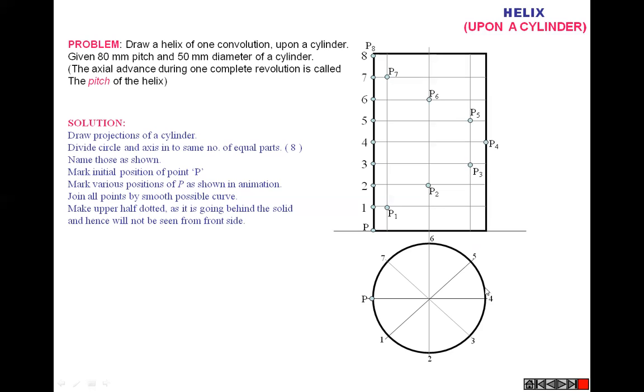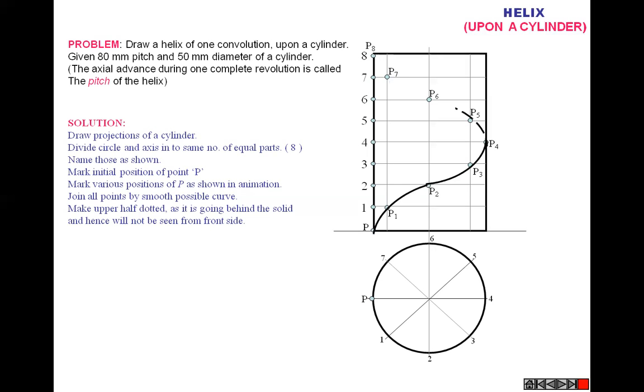Similarly for 3, 4, that half portion is covered by the point around the periphery of the cylinder, and at that time half the height is covered as well as half the distance. For the one convolution, again draw a vertical line from 5 which intersects the horizontal 5. Similarly from 6, 7, and it ends at P8.